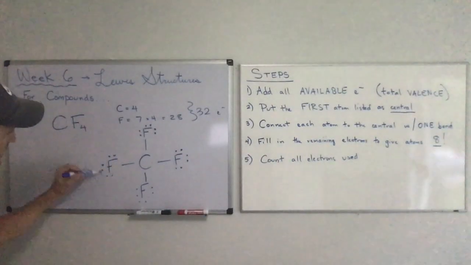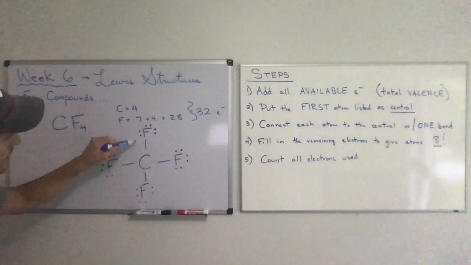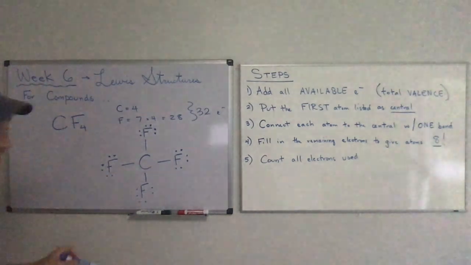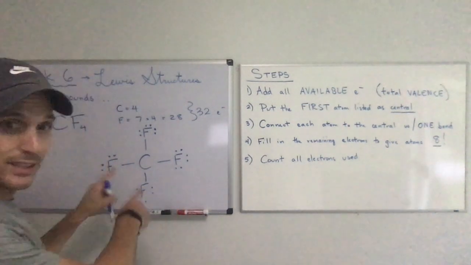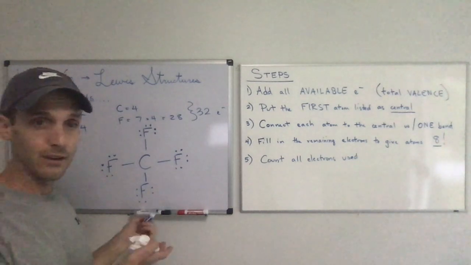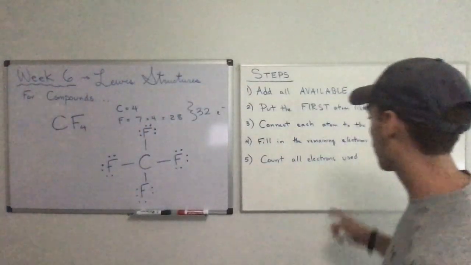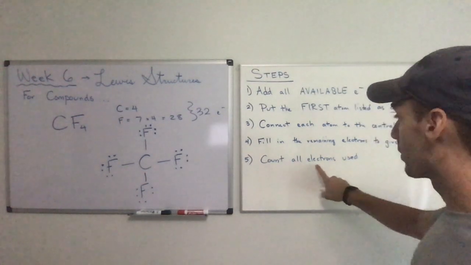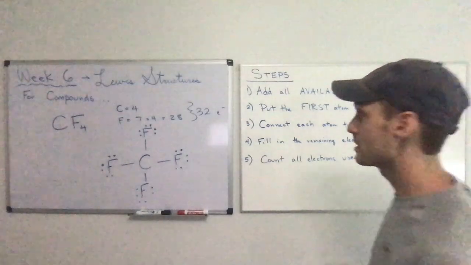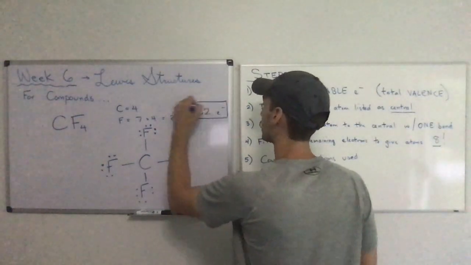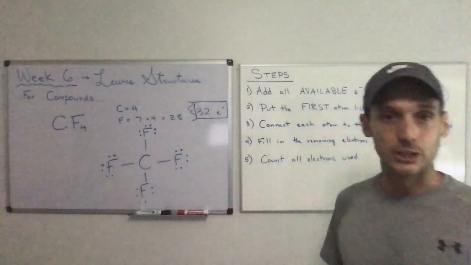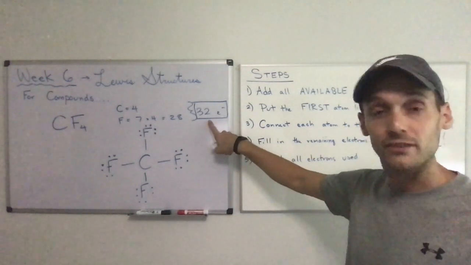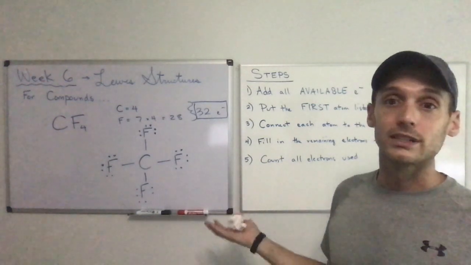So we have 8, plus another 8 is 16, plus another 8 is 24, plus another 8 is 32. So in this structure, as we have drawn it now, we have used 32 electrons. The last thing you need to do is make sure the electrons used is equal to the amount that we counted up originally. We used 32, we had 32 available, and so we are done.